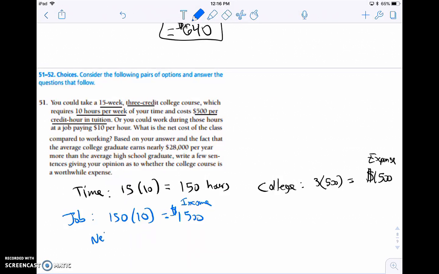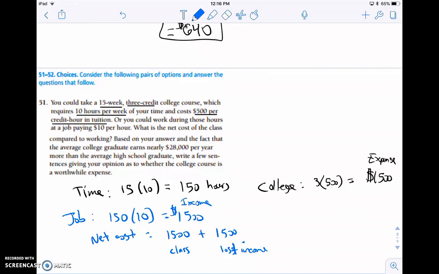So I'm going to say net cost here is $1,500 for the class plus another $1,500, and this would be the lost income if you went to school instead of working.